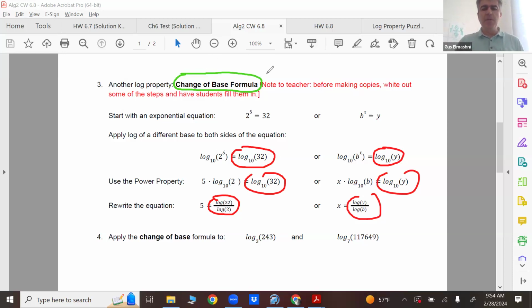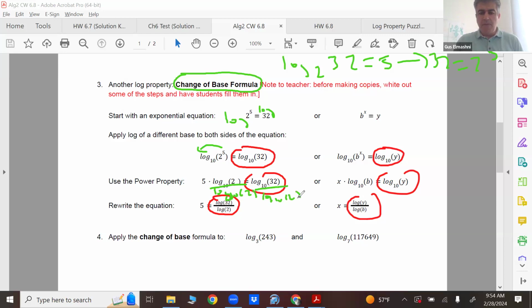So here's the deal. We know this is true: log base 2 of 32 equals 5. Would you guys agree that makes sense? Because 32 equals 2 to the 5th power. By what we're doing here, if I took the log of both sides, which you see over here, and then move the 5 to the front, which I'm allowed to do, and then divide both sides by log base 10 of 2, 5 equals all that. Well, here's the thing: 5 also equals log base 2 of 32.